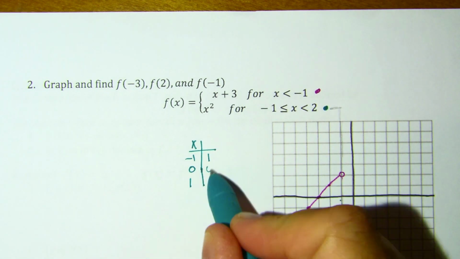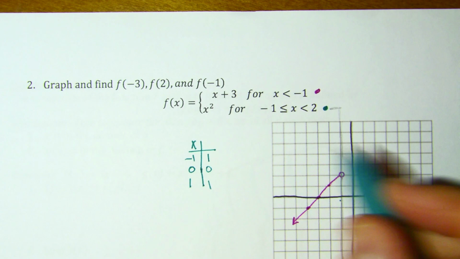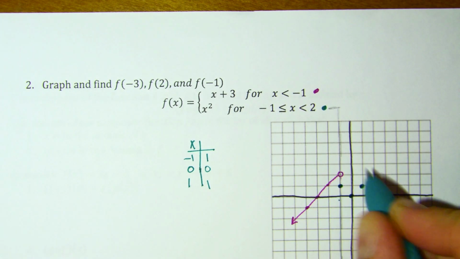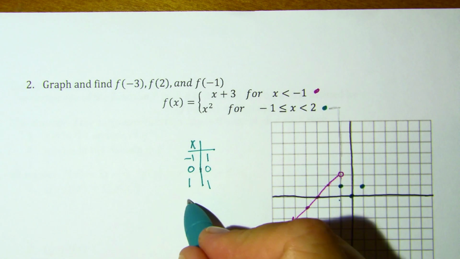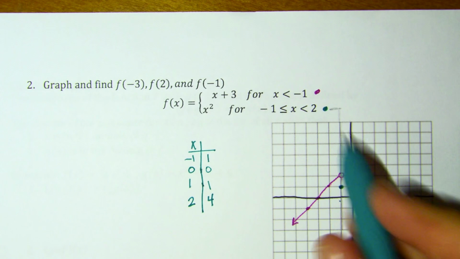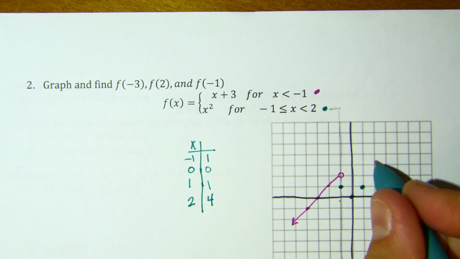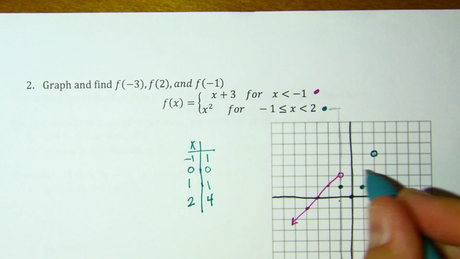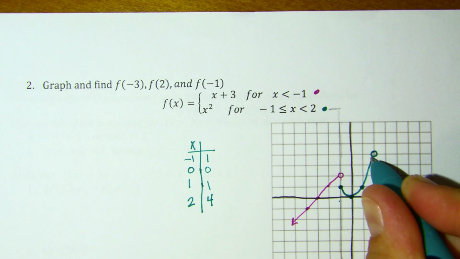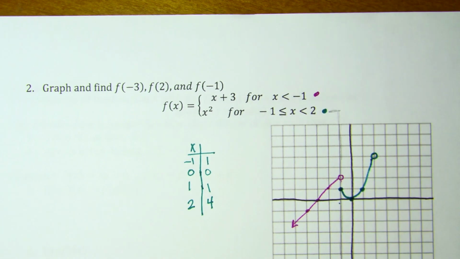If I plug in 0, it's 0. If I plug in 1, it's 1. But it goes all the way to 2, and 2 squared is 4. But because it doesn't equal it, I can't put a closed dot there. I do need to put an open dot there because it goes all the way up to 2, but doesn't actually touch it. Okay, that's why I have that open dot there.